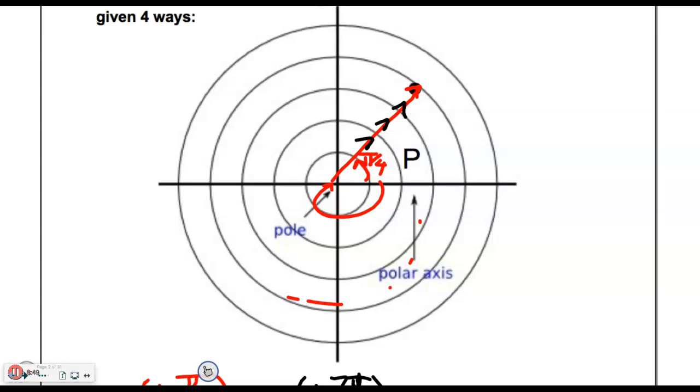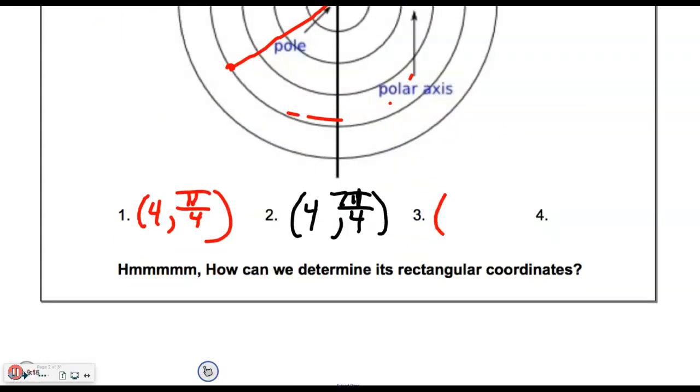So if I were to say to turn this far, which is negative 3 pi over 4, and I put a positive 4 here, that means I turn to 3 pi over 4 and I walk along that one. That would put me here. But if I put a negative, it means walk the other way. I'm just going to let that sit. It's already more complicated, isn't it? So another way I could do that is I could say I could go back 3 pi over 4 radians, but I can't walk along that ray.